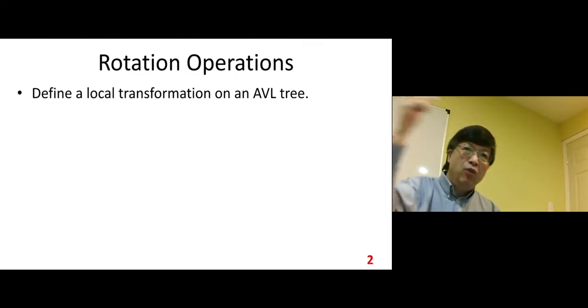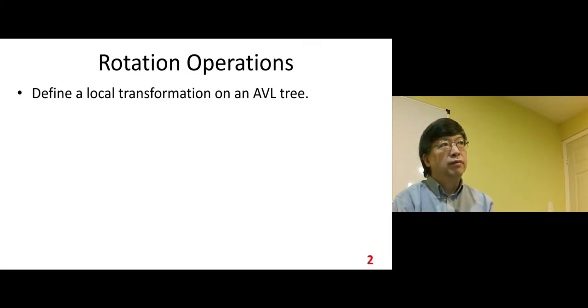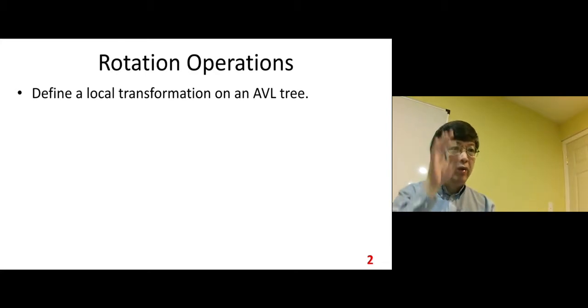After that, every time one new node is inserted, the violation will cause some node to take balance factor 2, or -2, because you only add one node. You will not do a big change. So we will fix that.